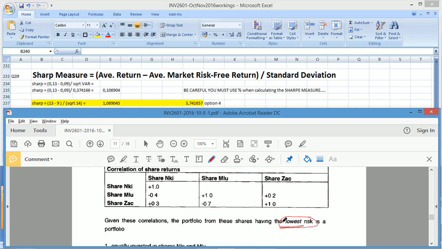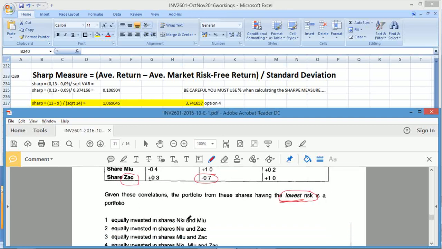Lowest risk means you would want a portfolio that has diversification. So in terms of diversification, you would want to group shares that are in terms of negative correlation. Okay, so the biggest negative correlation, which would be this one. So you would want share M and share Z.